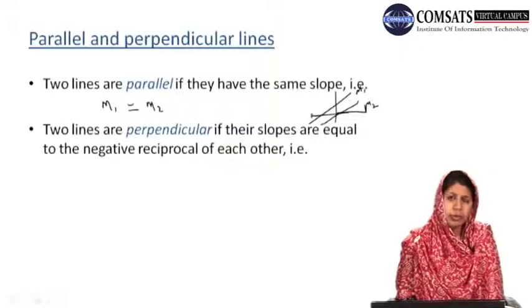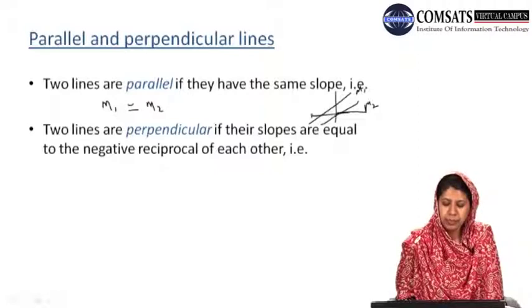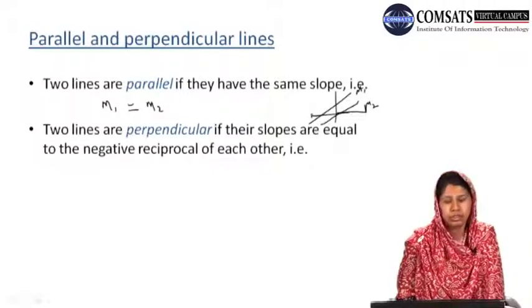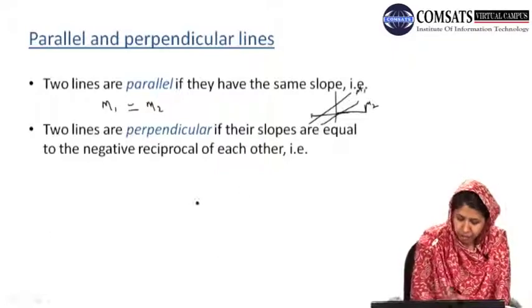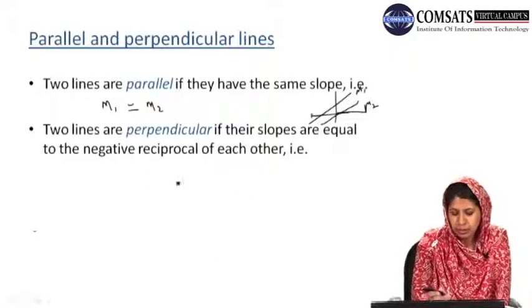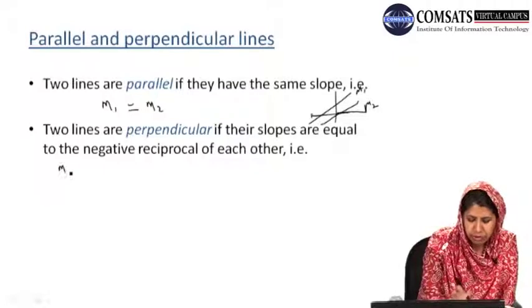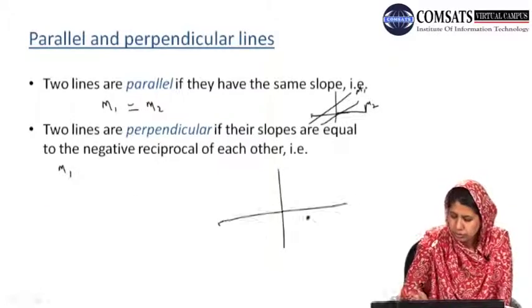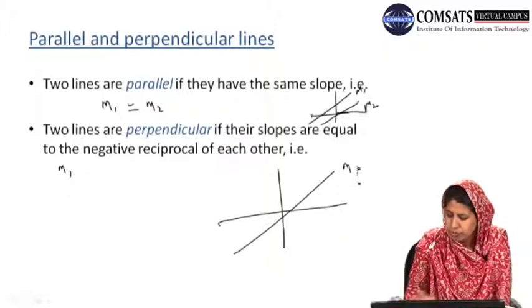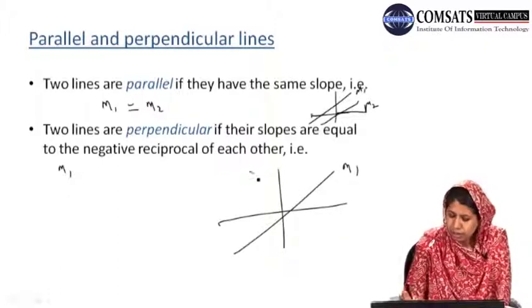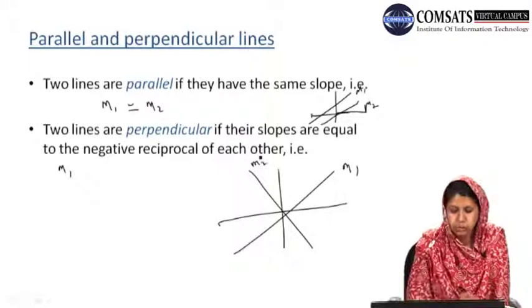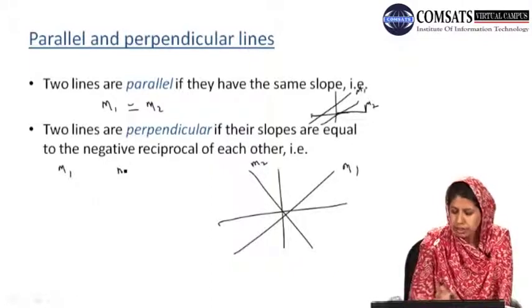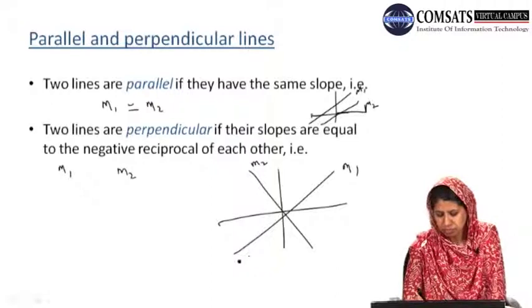Okay, what do we mean by perpendicular lines? Two lines are perpendicular if their slopes are the negative reciprocal of each other. Let's have a line with slope m1, and a second line having slope m2.